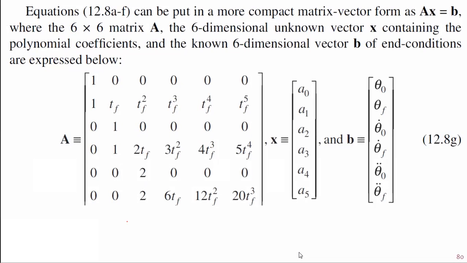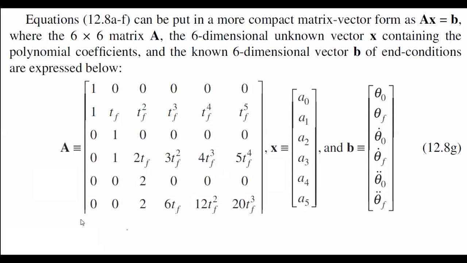And x is equal to a0, a1, a2, a3, a4, a5, and b is equal to theta naught, theta f, theta naught dot, theta f dot, theta naught double dot, theta f double dot.